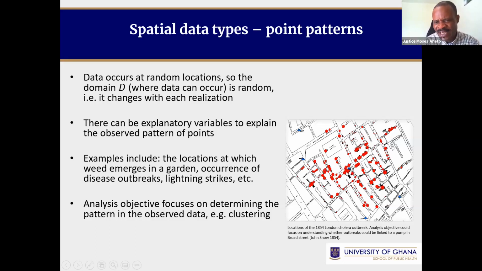So if you see where my cursor is, you see that there are a lot of thicker or bigger red areas here compared to all other areas in London where the infection is taking place.